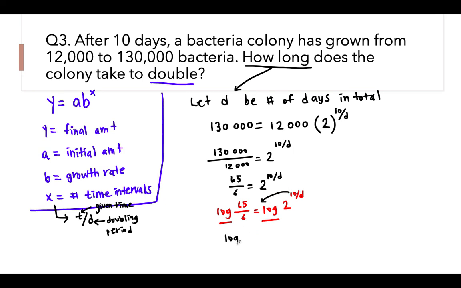So log of 65 over 6 is equal to 10 over D times log 2. Then I'm going to bring log 2 to the other side, so we're going to divide it. So log of 65 over 6 divided by log 2 is equal to 10 over D.